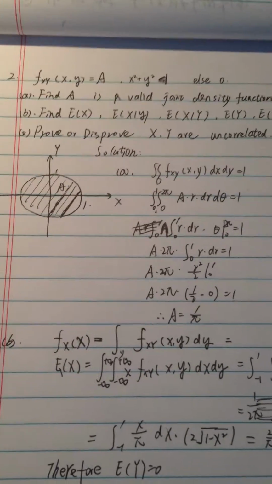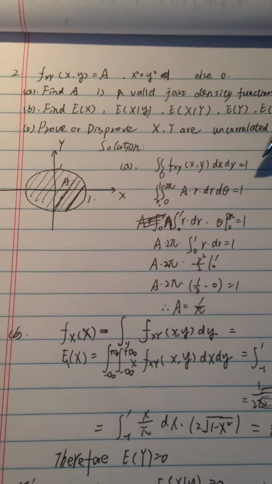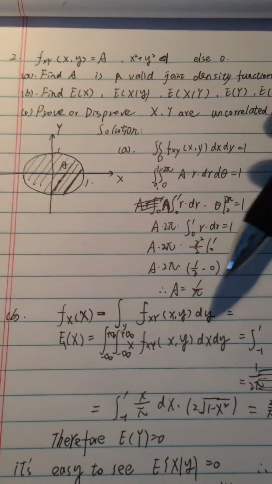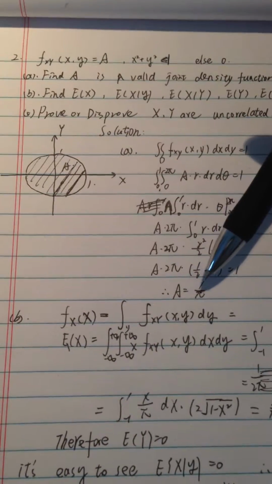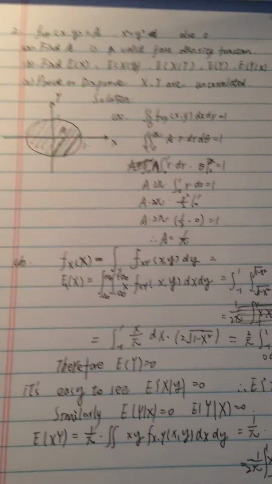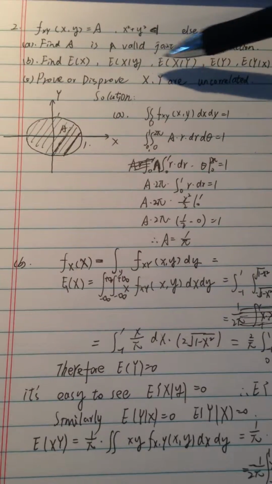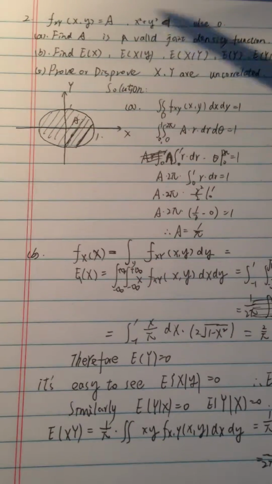So we integrate over this circle and make it equal to 1. After integration, we easily find that a equals 1 over pi. And for the second question, we need to find the expectation and also all the conditional expectations.